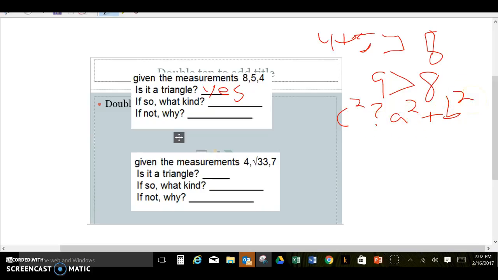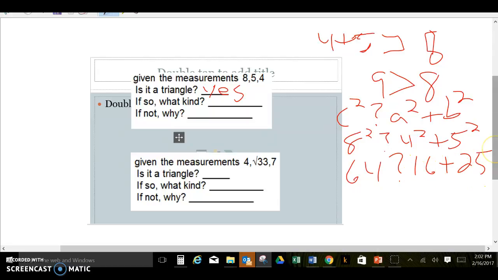We're going to go kind of backwards here with it again, like I was showing earlier. So we got 8 squared, question mark, 4 squared plus 5 squared. 8 squared is 64, question mark. 4 squared is 16, 5 squared is 25. 16 plus 25 gives me 41.